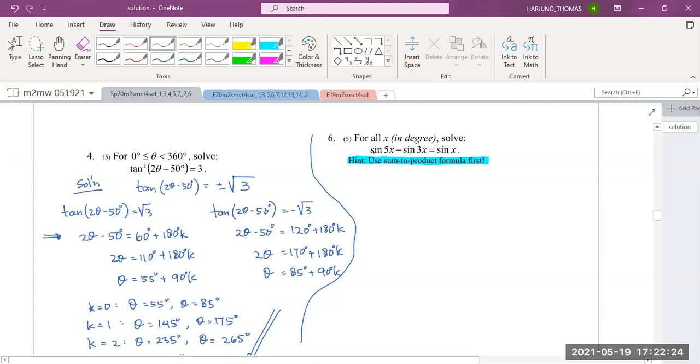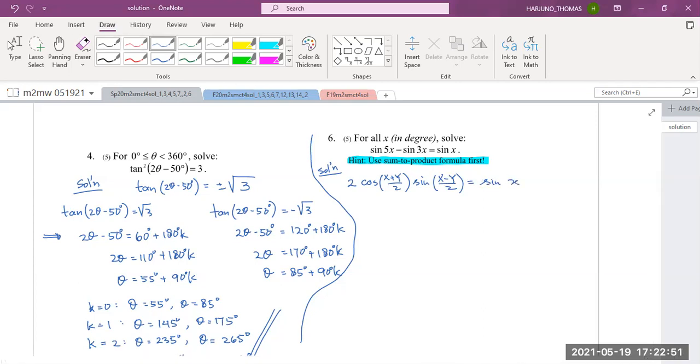Now, sine minus sine is what? Sine minus sine is 2 cosine of the sum over 2 times sine of the difference over 2, equals sine x.